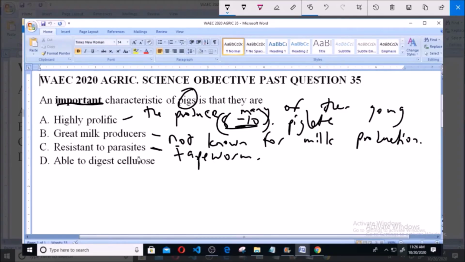Now, option D says able to digest cellulose. This is a characteristic that is associated with ruminant animals, and pig is not a ruminant animal, so it is not able to digest cellulose. So the characteristic that we have picked out here that is associated with pigs is option A, highly prolific. So that is an important characteristic in pig management, and it is the correct answer to this question.